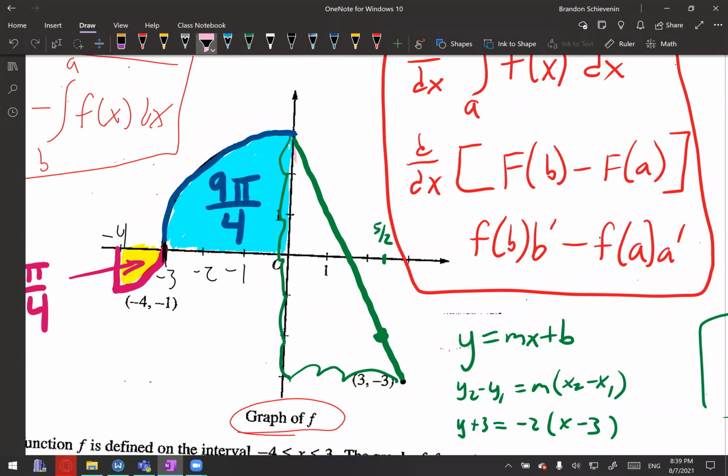So here I've got an area in pink that would be positive. What's the area of this pink region?